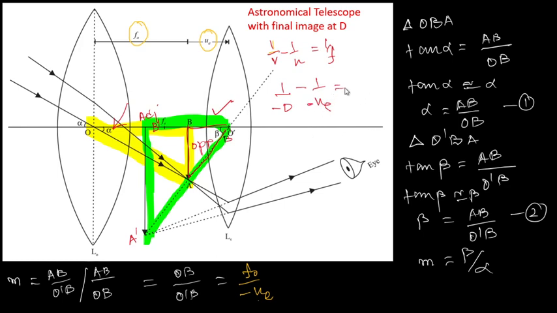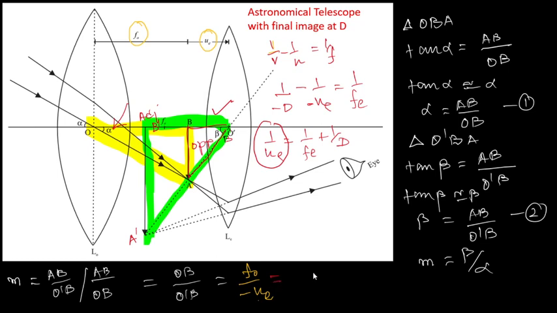So that is equal to 1 by FE. Okay, we are talking about only the eyepiece, so we can replace accordingly. Then what is 1 by UE? Therefore 1 by UE is equal to 1 by FE plus 1 by D, is it not?